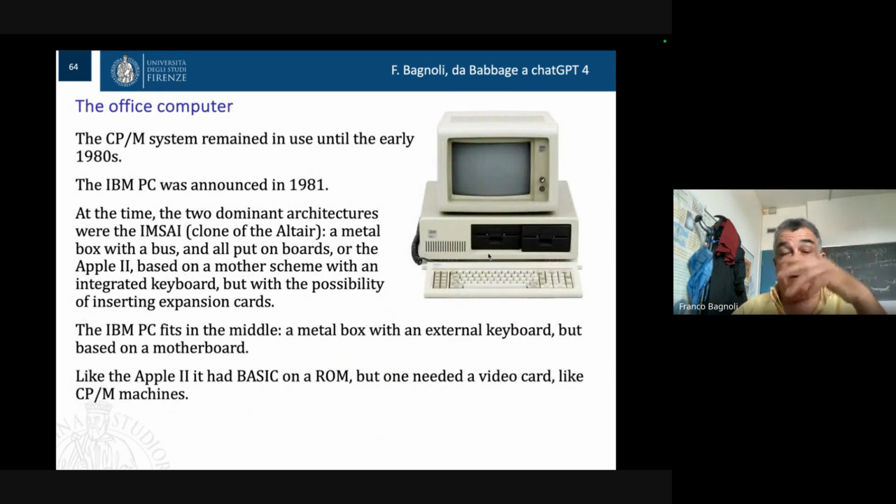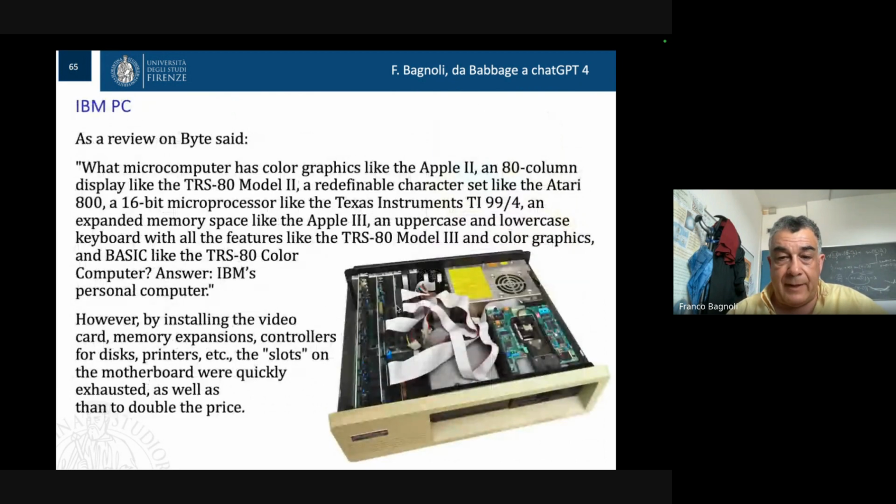And no sound. You have to buy a card for the sound. You have to buy a card for the printer. So essentially, it was like the Altair, almost an empty box, unless you buy the top level with floppy disk and with everything inside. So in the main board, there was very little.